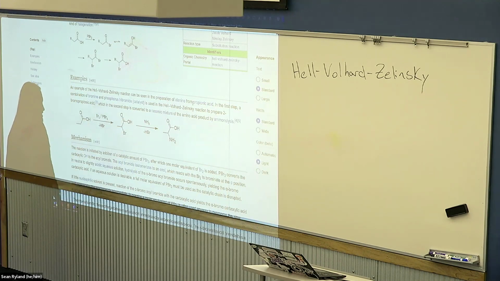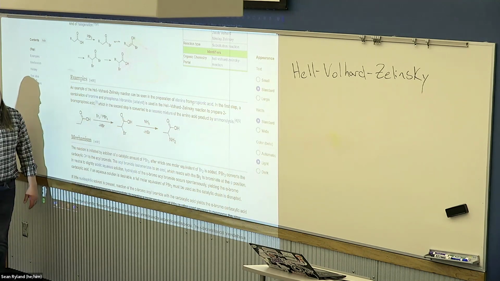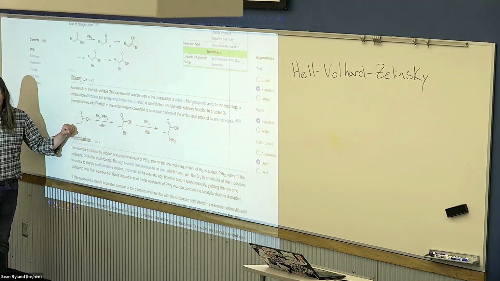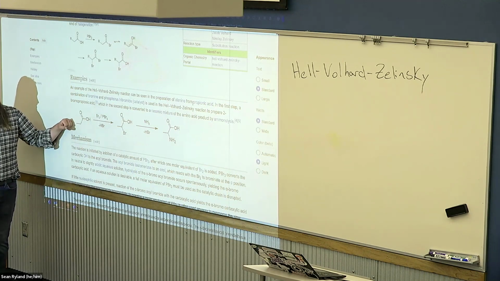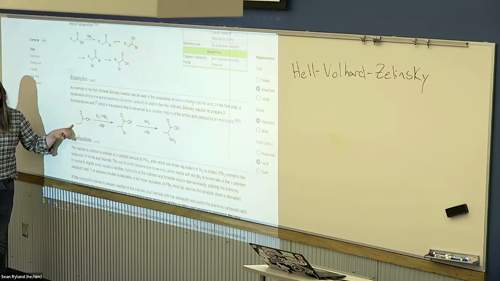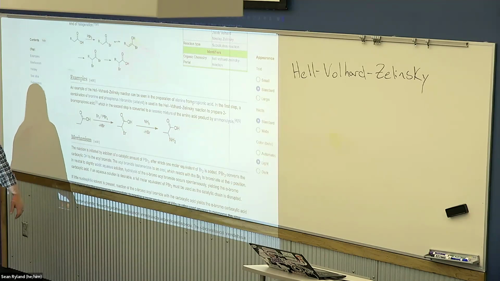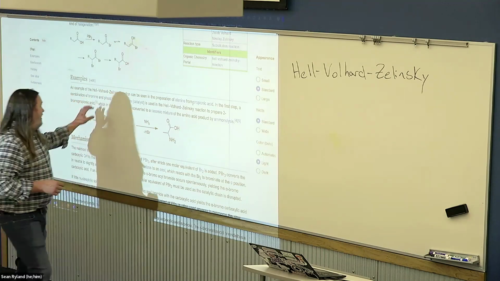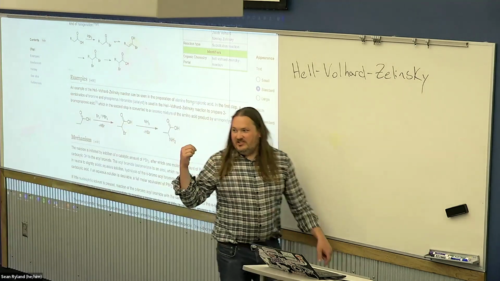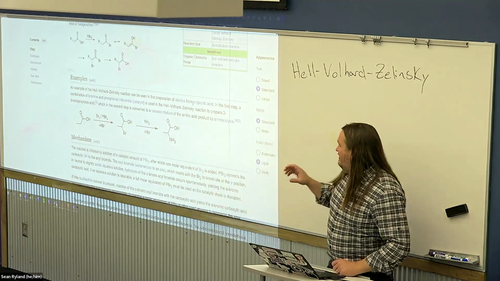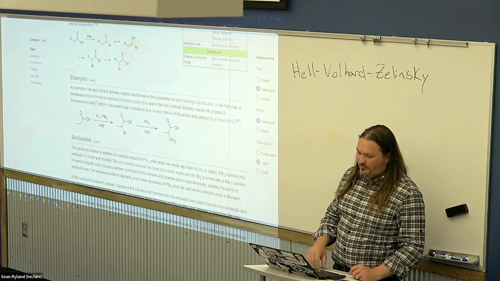So it's actually a pretty useful way to make alpha amino acids, depending on what your starting material is. If there was a benzene ring attached here, you got phenylalanine, and that opens up a whole bunch of other things as well in terms of neurotransmitters or pharmaceuticals and drugs, all that good stuff. So that's why, as niche as it is, it's still taught, because it actually does have a practical purpose.